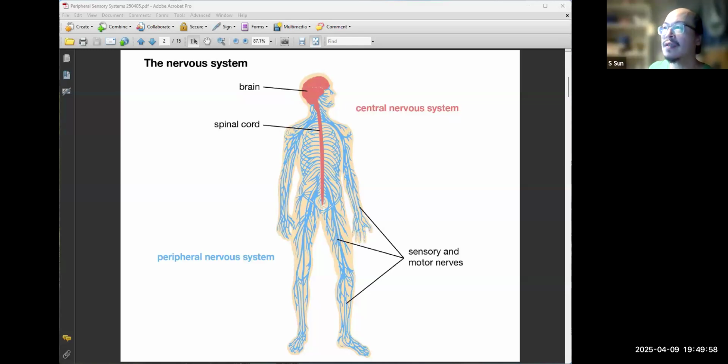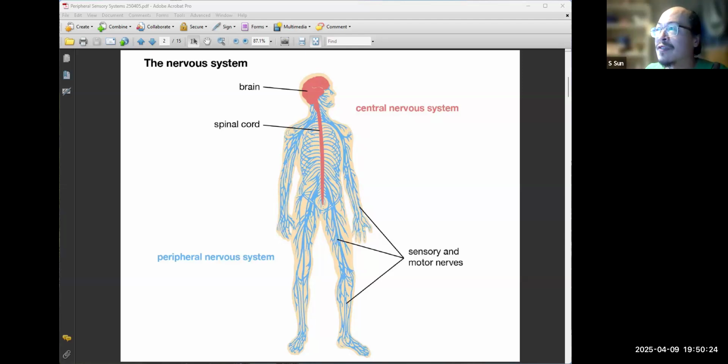So that's that. We also have the peripheral nervous system, which is the one that interacts with the surrounding environment. In the peripheral nervous system, the nerves leave the brain and the spinal cord, and they interact with the muscles and with the sensory organs.